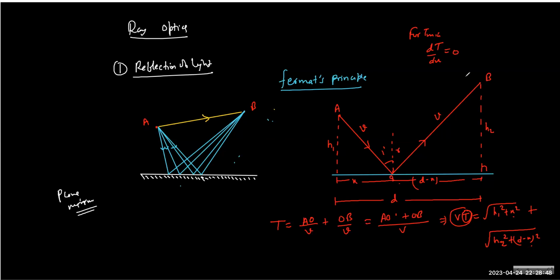If you differentiate and equate to 0, what relation do you get? I know none of you will differentiate. Are you guys differentiating? Yes, sir. So differentiate and tell me the answer. After differentiation, what are you getting?